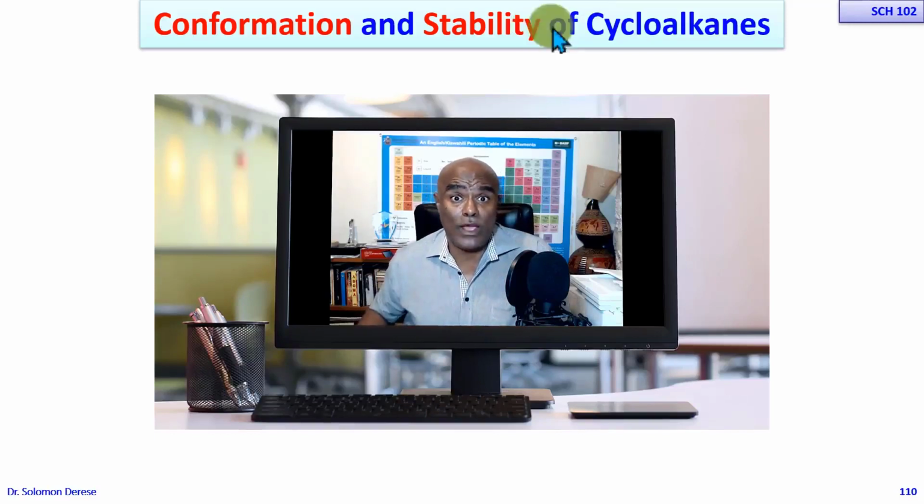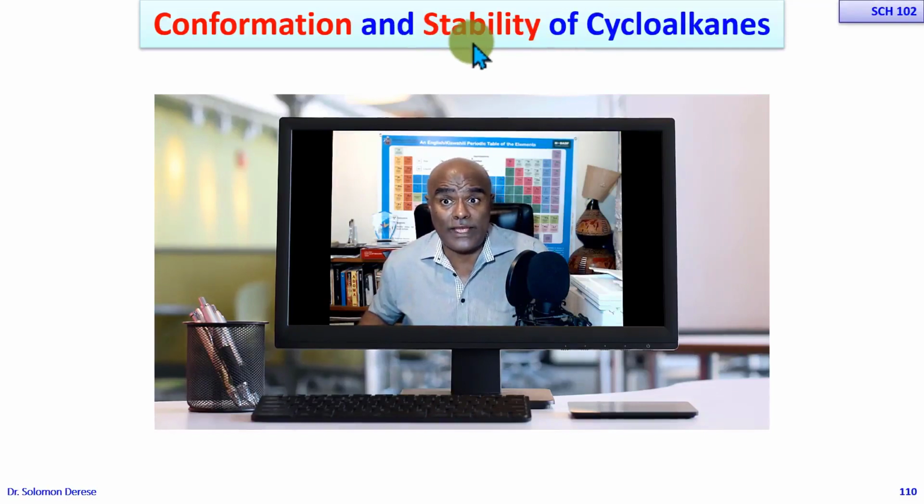So what we are going to do in this and the subsequent lectures is to determine the different conformations cycloalkanes adopt and then analyze these conformers in terms of their stability.